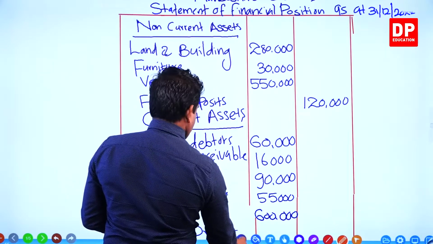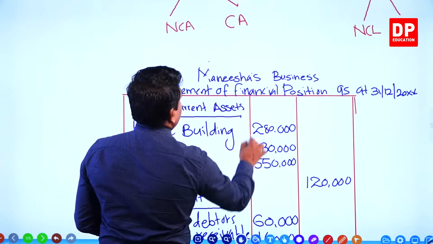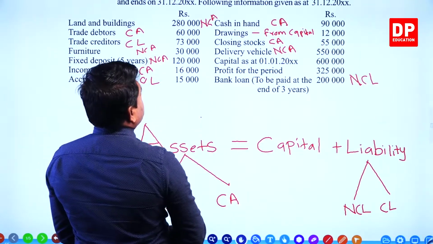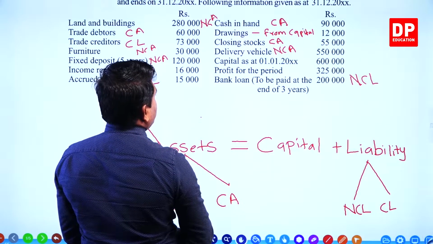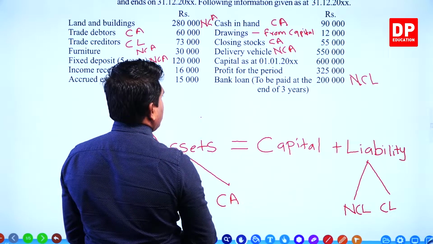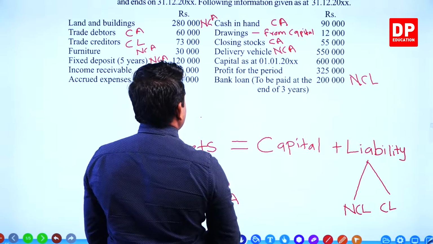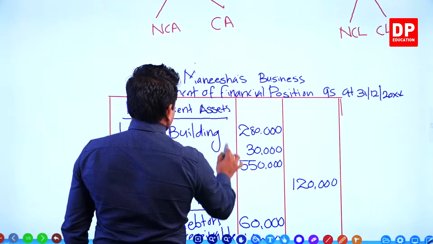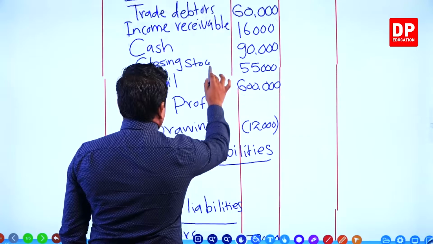Okay. Now we find the other values. Profit for the year, 325,000. Bank loan 200,000. Profit 325.